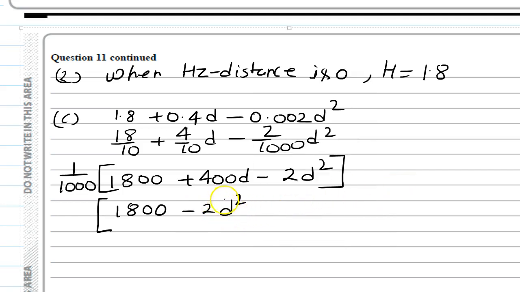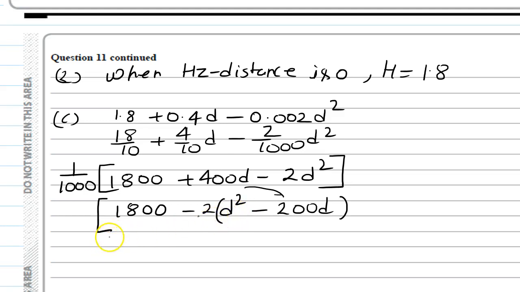Let's take minus 2 outside, so it will be d square minus 200d. If you multiply minus 2 inside, you get minus 2d square, and multiplying minus 2 with minus 200d gives 400d. So this is what we have done.